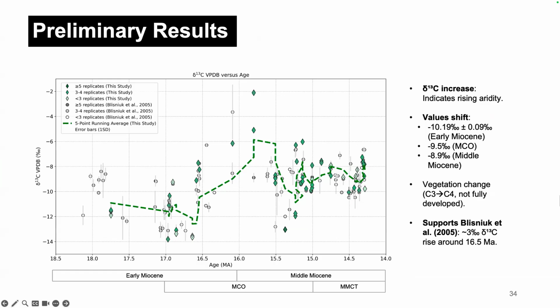This pattern indicates a transition from more humid forests dominated by C3 plants to an increasingly open landscape with greater presence of C4 vegetation.